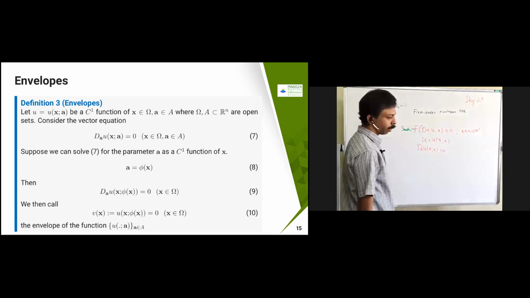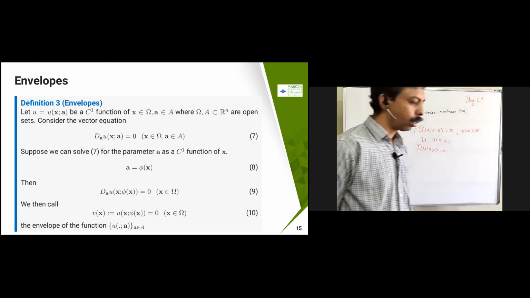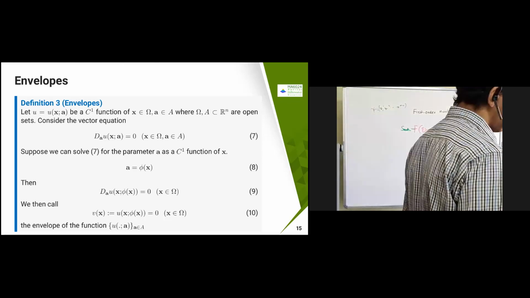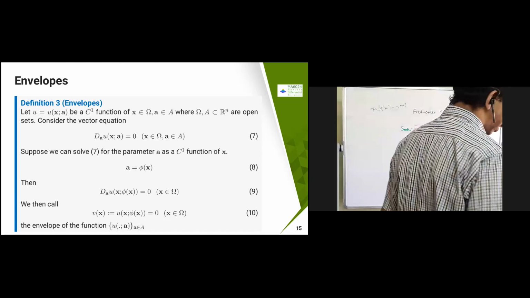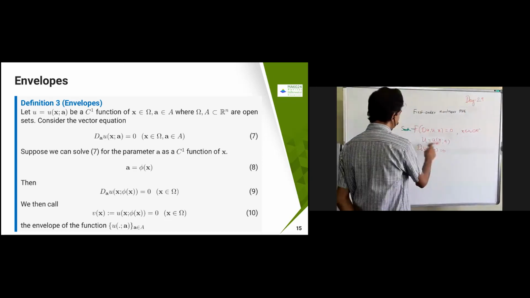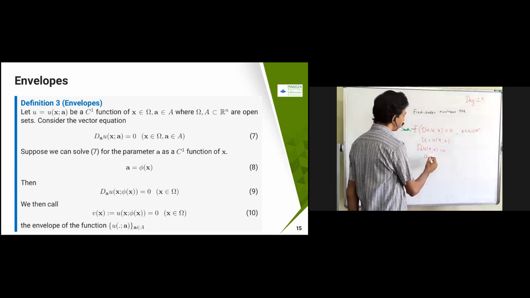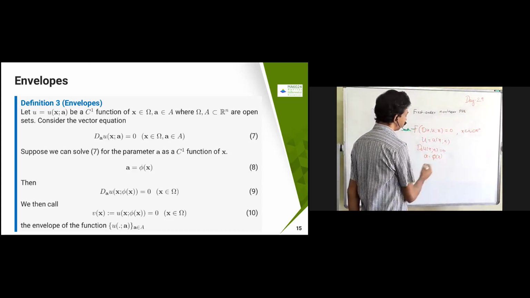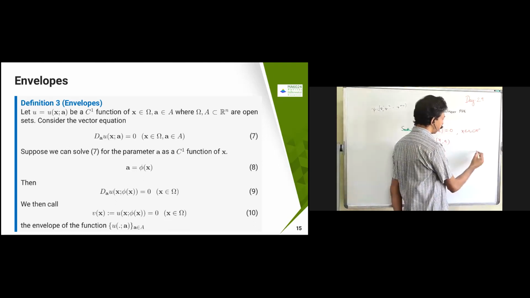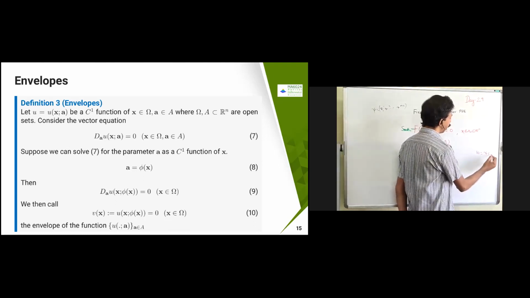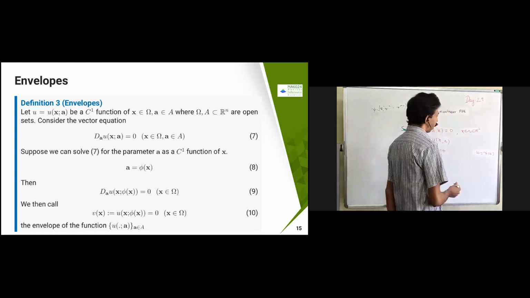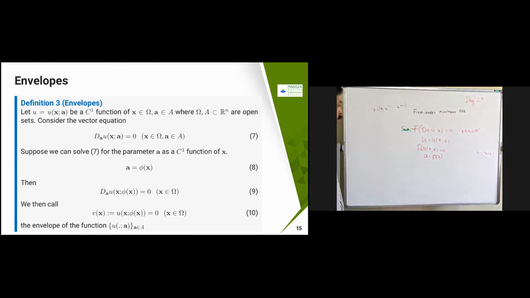Consider this equation. Suppose we can solve for one of the parameters. Using these two pieces of information, you want to solve and find a equal to some pi of x. In general we will find that b is equal to some psi of a in the two-dimensional case.